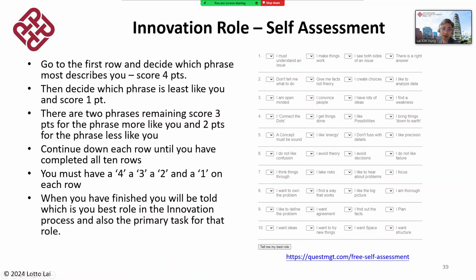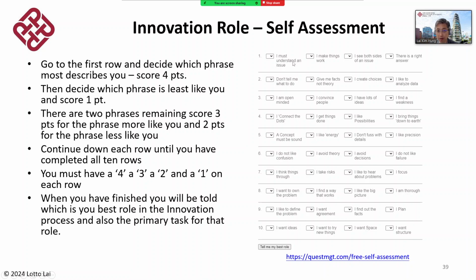So here is the link for the innovation role self-assessment. You can use this link to test yourself. You go to the first row and start with the phrases, then identify which phrase you think most describes yourself, and also identify which is least like you.